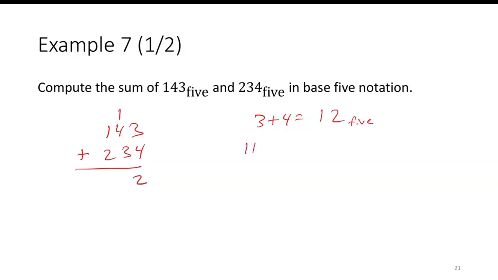And now, 1 plus 4 plus 3, that's 8 in base 10, but that's 1, 3 in base 5. So I'd put the 3 down and carry over the 1. And then 1 plus 1 plus 2 gives me 4. So 143 base 5 plus 234 base 5 is 432 base 5.